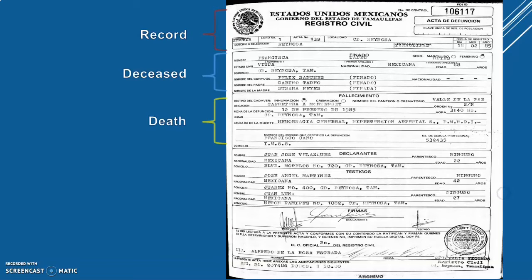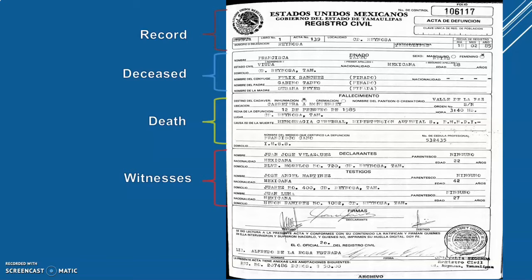The other portion is about the death itself. It says she's going to be buried. It names the cemetery. It also gives you the date of death and the time of death, where it happened, and the cause of death. And then the last, of course, is the name of the doctor certifying the death.